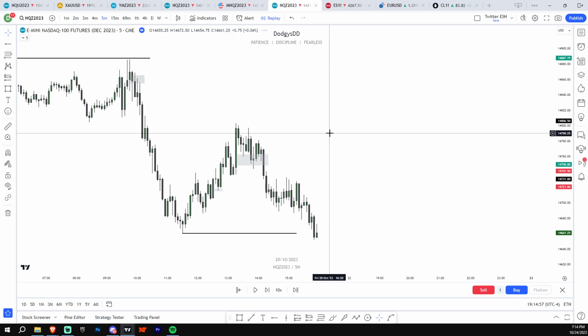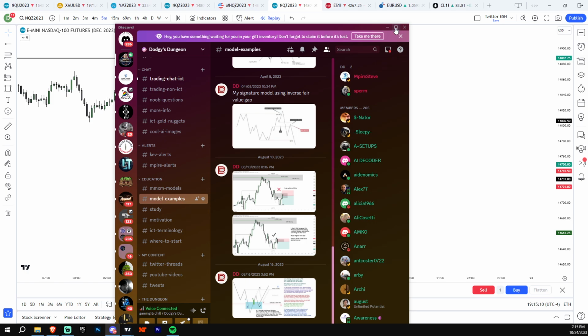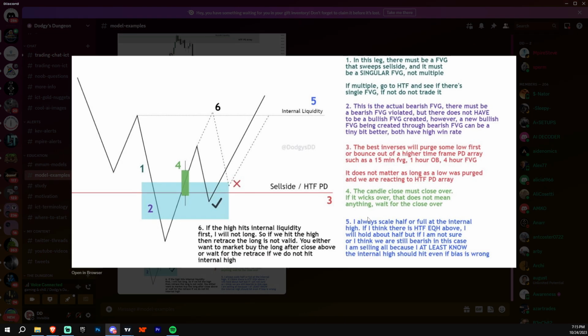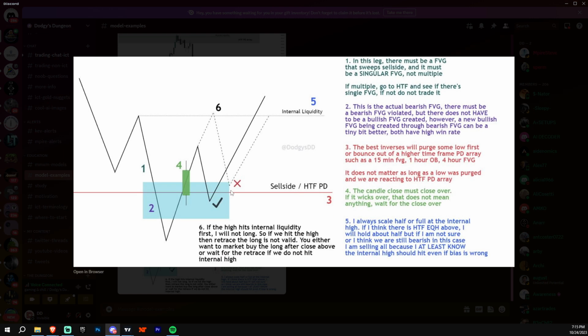If we look at my inversion model, in the model examples right here, I always say I don't like longing the one that has hit internal liquidity, because the bias is not as concrete, and if you don't know the bias, how do you know this is going to work? Okay, that's my thoughts surrounding that.